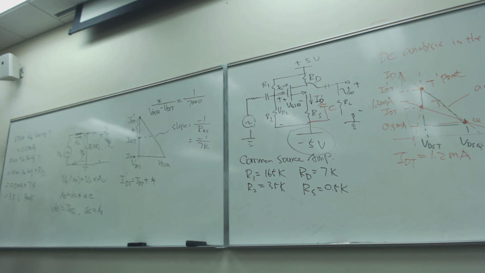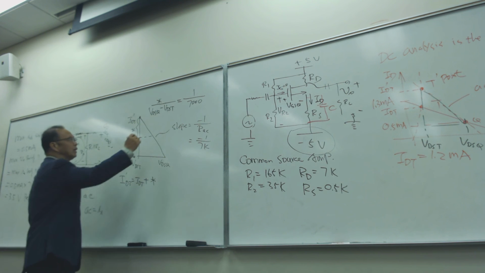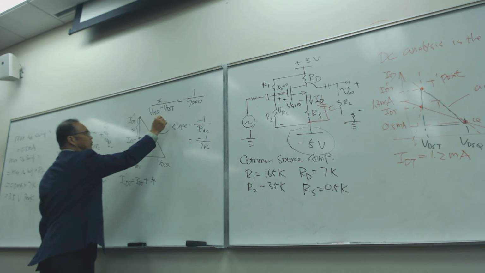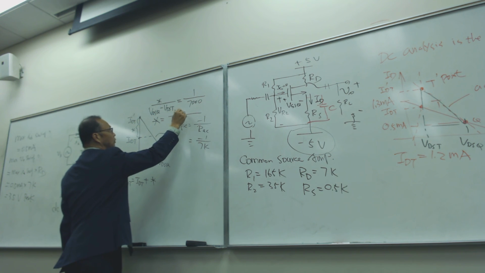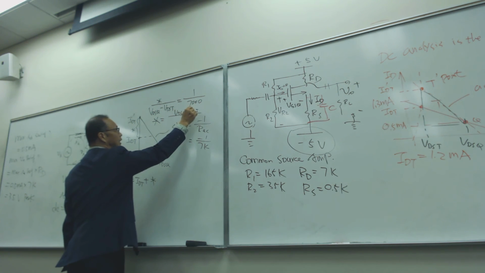No need to put negative here. So therefore, the star is equal to VDSQ minus VDST over 7,000, right?